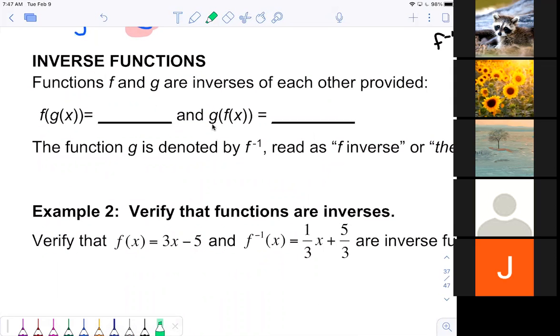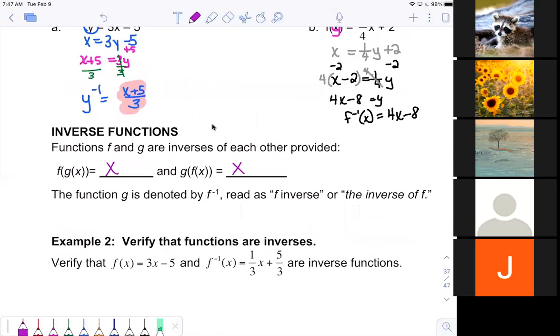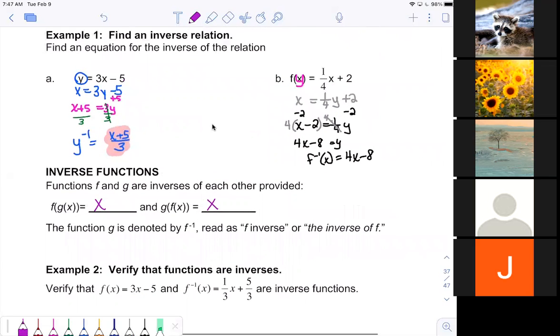So functions f and g are inverses of each other provided f of g of x equals x and g of f of x equals x. So there's a difference between finding an inverse, which is what we did in example 1, and showing 2 given functions are inverses of each other.